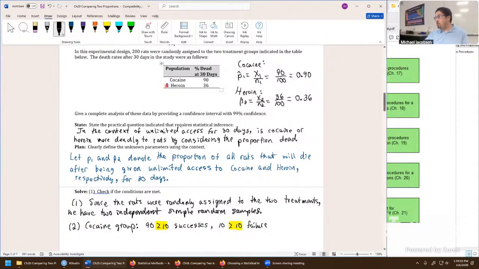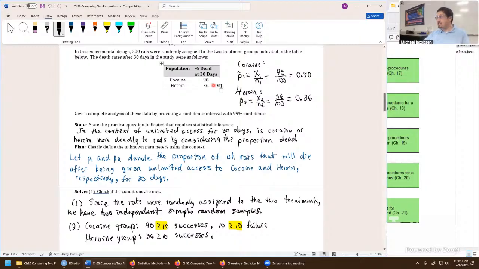We do it again for the heroin group. We're looking for at least 10 successes and failures in the sample. Looks like we'll be okay since this one is closer to the middle of 50. So for the heroin group, there was 36, which is greater than or equal to 10 successes.